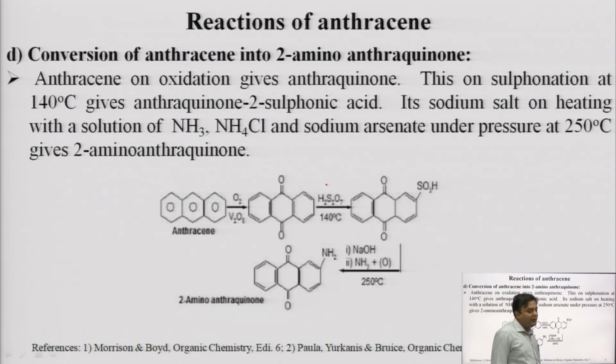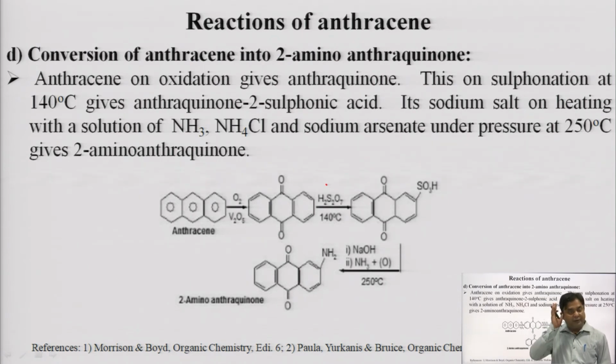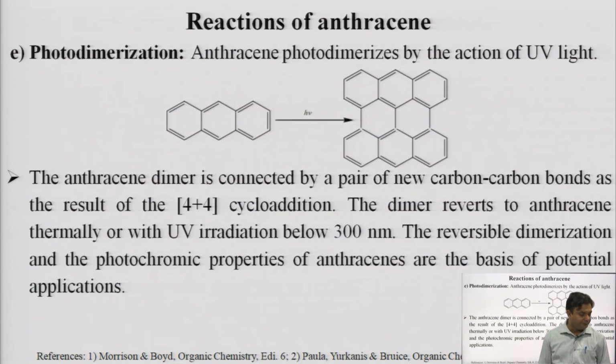This is a very important compound. It is widely used in synthetic chemistry to prepare different lead compounds when we are going for the preparation of different organic compounds of medicinal uses.